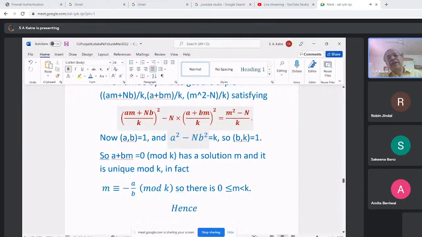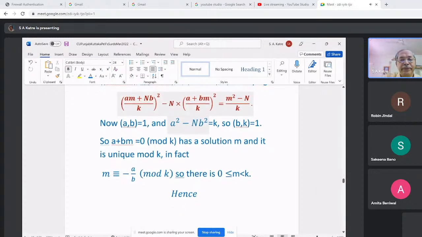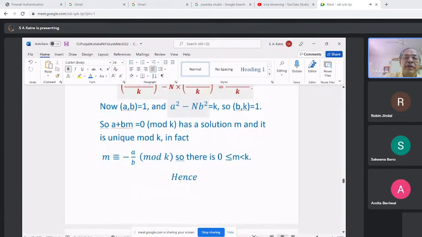You try various values of m and choose the one for which m square minus n is divisible by k, and it is minimum. And also see to it that all these numbers are also integers. So that minimum value is important because ultimately you want to reach 1 on the right hand side. So we try to minimize m square minus n by k.